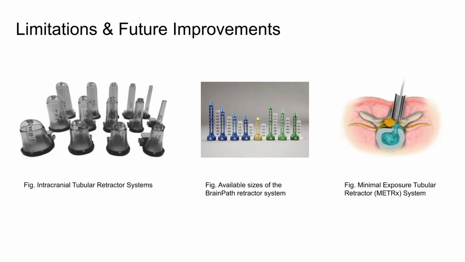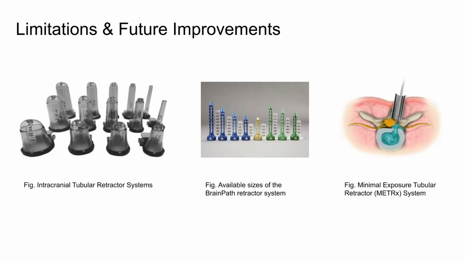Another challenge is that brain tumors rarely have regular geometric shapes. Their borders are often irregular and difficult to distinguish from healthy brain tissue. As a result, the surgeon may need to reposition the tubular retractor several times to visualize the entire tumor.